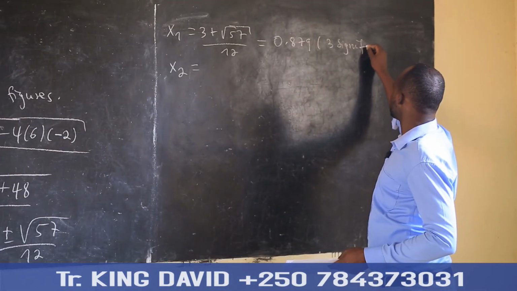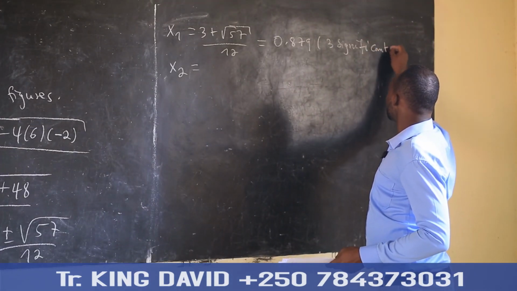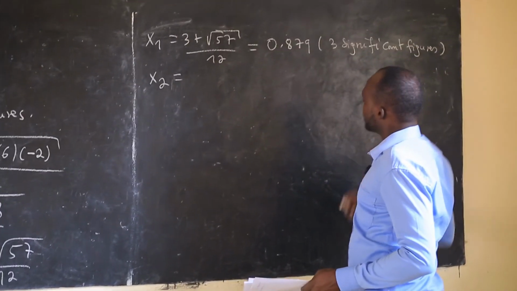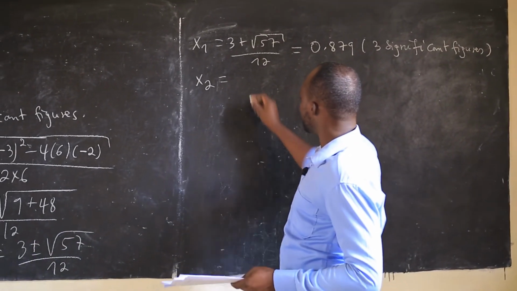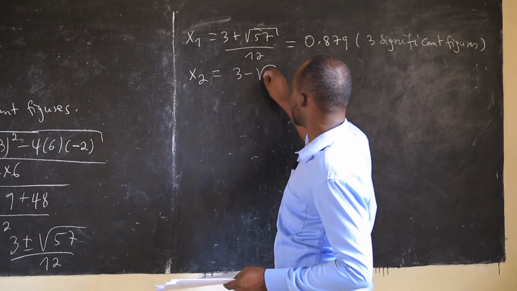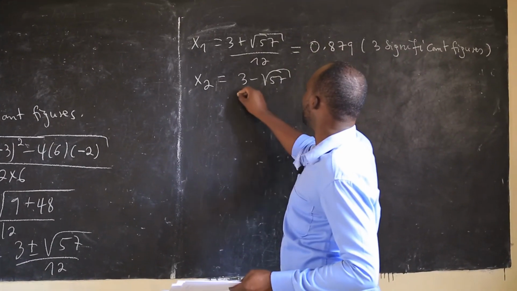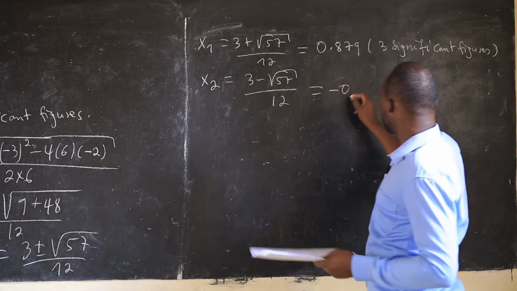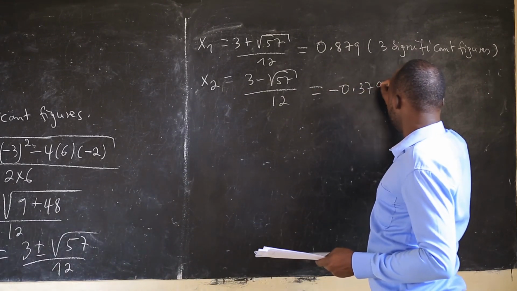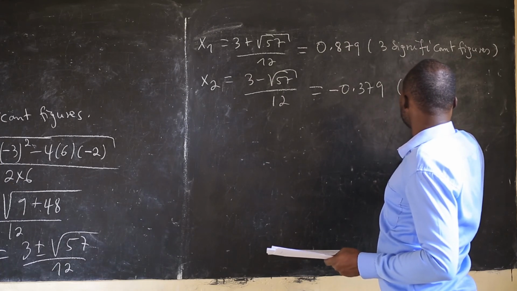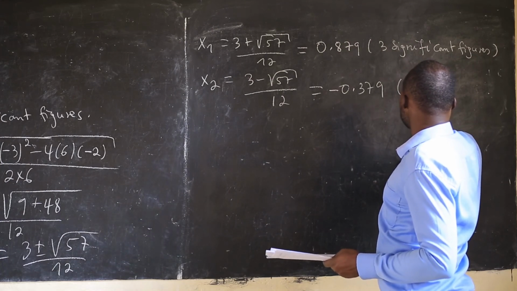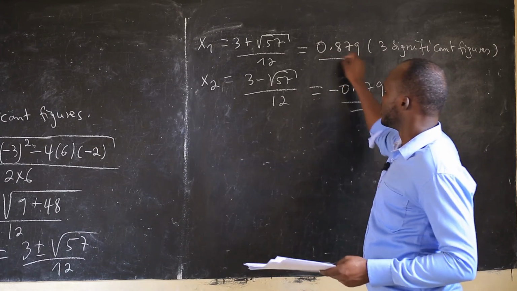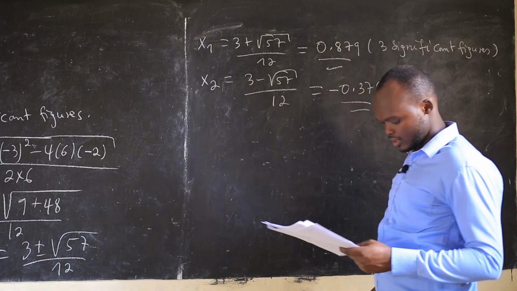Then x2, 3 minus root 57 divided by 12, is equal to negative 0.379 to 3 significant figures. So those are the values of x1 and x2.